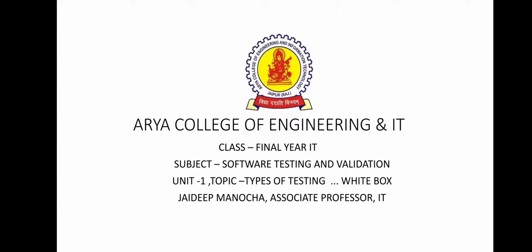So let us start with the testing techniques that you are very much aware with, which is known as white box testing. Next will be black box testing. So we are going to explore in detail both of these testings. Let us take the first topic into account, that is white box testing.